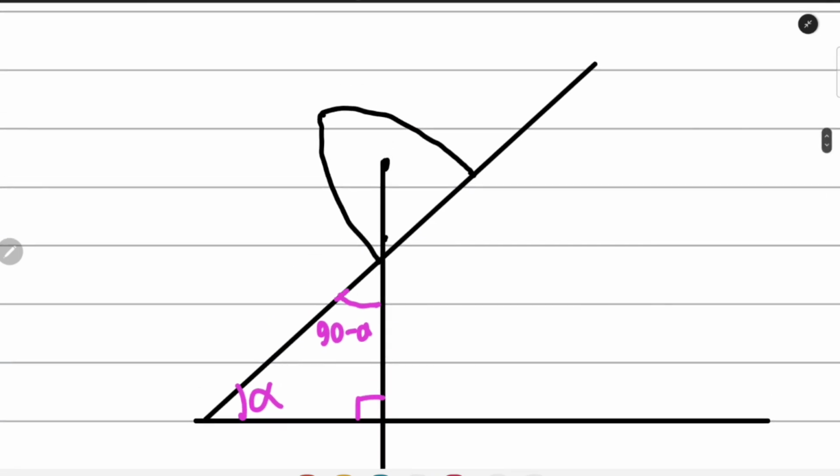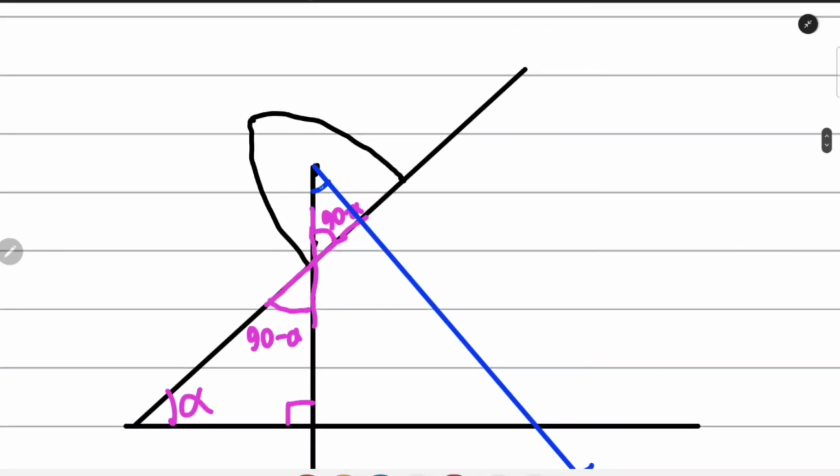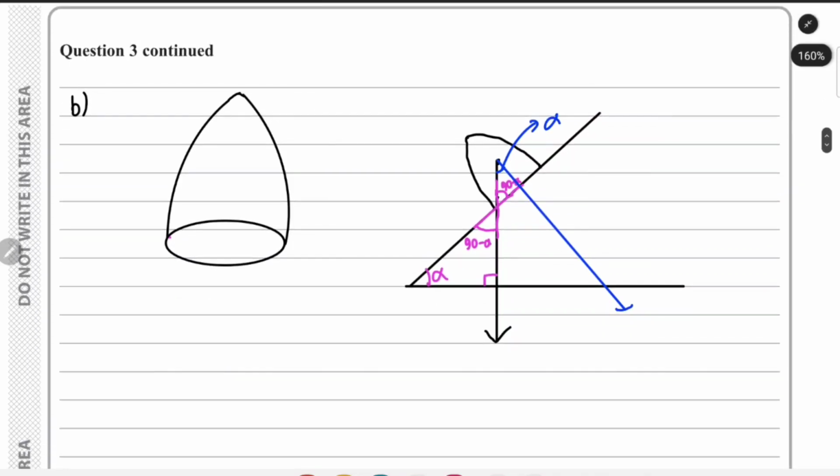If this is 90 − α, this angle will also be 90 − α. And this angle over here will be α. So if we visualize this, this is the center of gravity. This is how it acts.